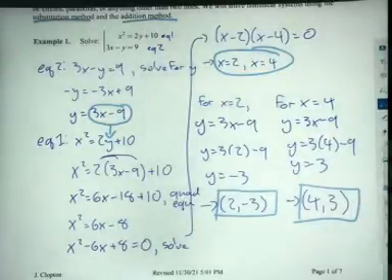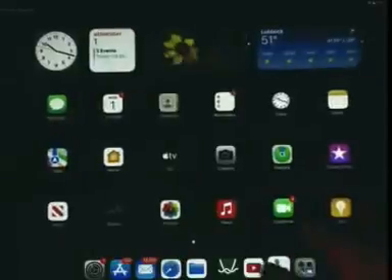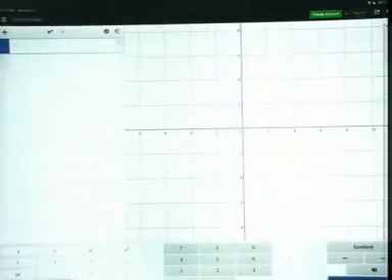Now, something that I didn't emphasize a whole lot with systems of equations, at least in our homework, we did it in the notes a little bit, but looking at the visual solution. So let's hop on over to a graphing utility, Desmos in this case, and let's type in these equations.